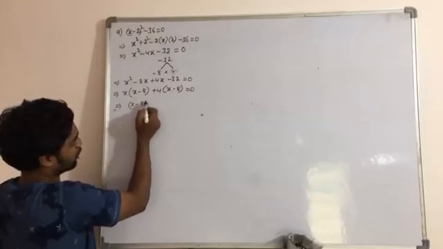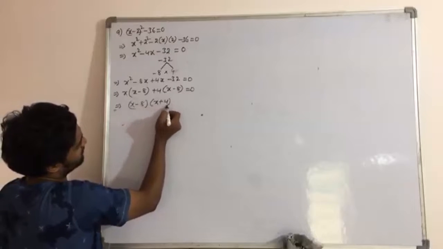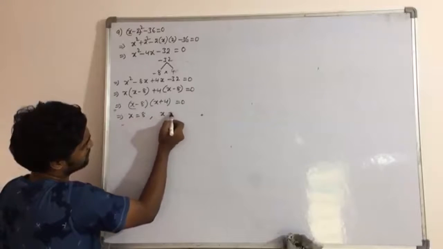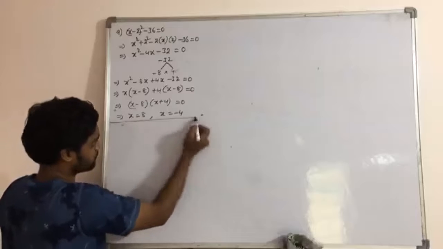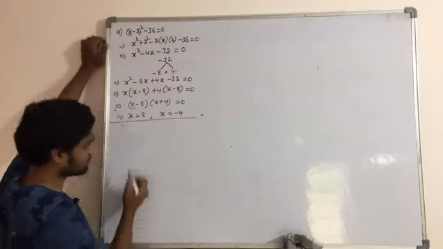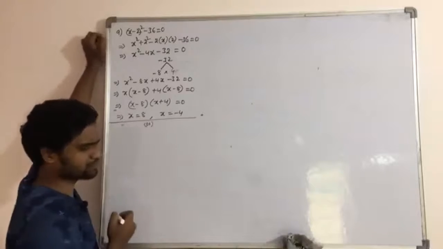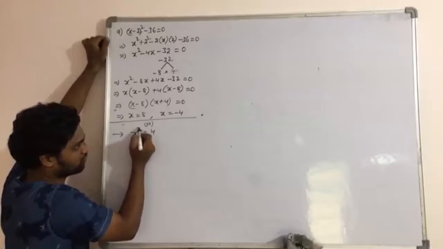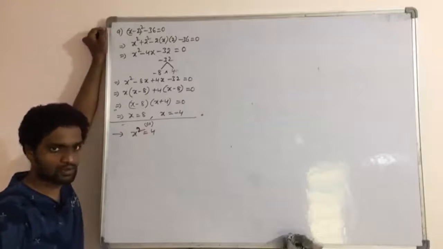So take x minus 8 common. x plus 4 is equal to 0. So x is equal to 8, x is equal to minus 4. Or see an example. x square is equal to 4. Okay.